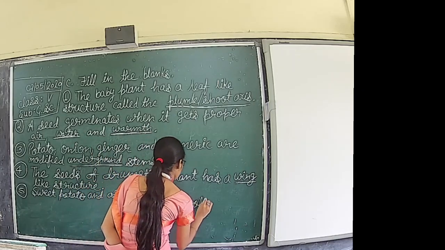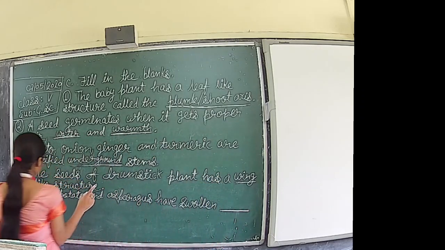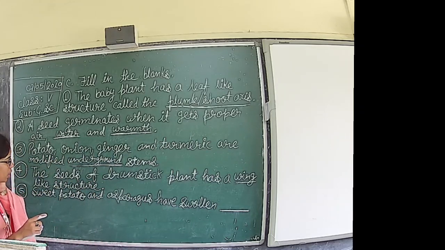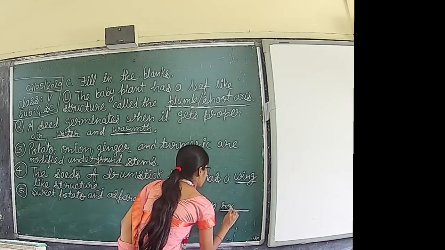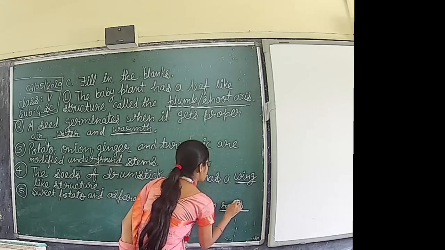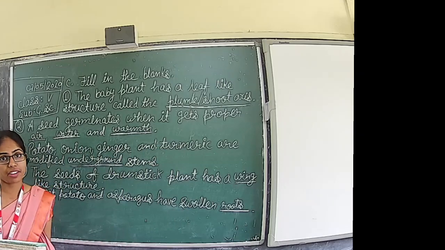What is the answer for this? What will we write here? Sweet potato and asparagus have swollen dash. What will be the answer? Roots. Okay? This is all about the fill in the blanks.